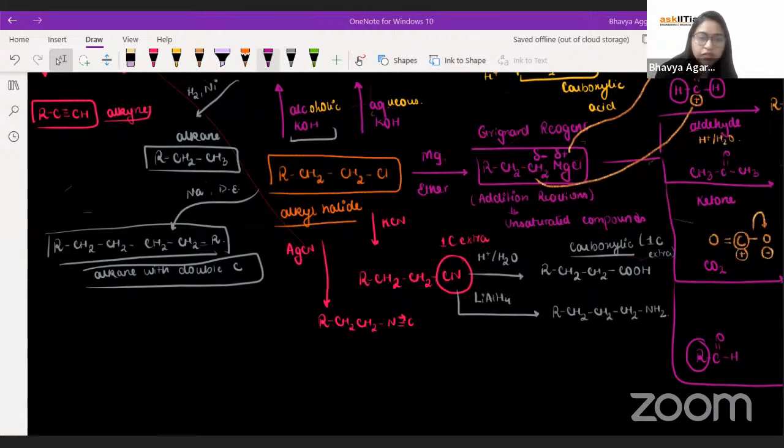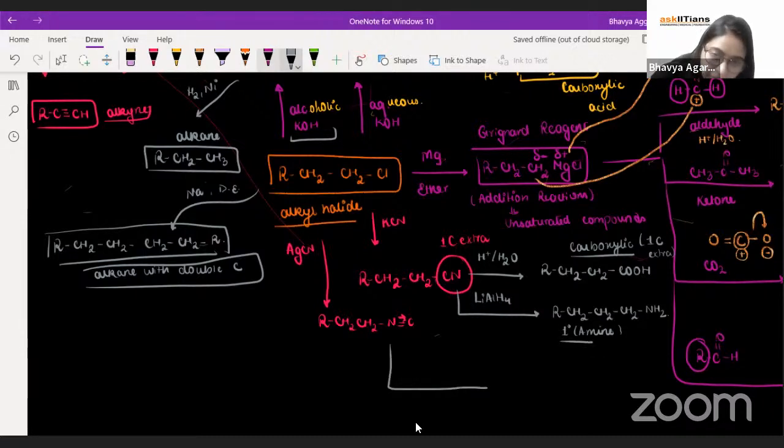This is just going to give you an amine. For Stephen's reduction, we use SnCl2 basically. So this is an amine which I am getting, and this amine is actually a primary amine.